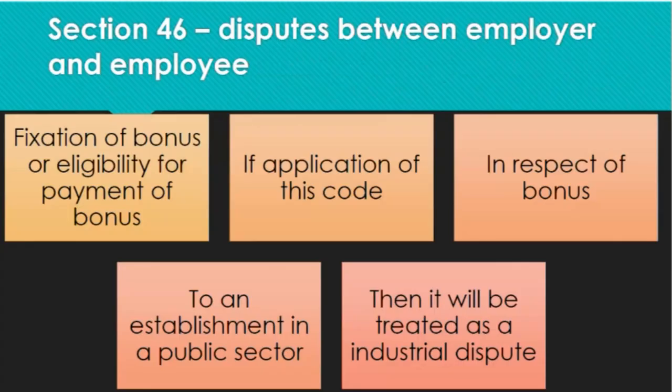For an establishment in the public sector, if they are competing with a private establishment and have a profit motive, then this particular code applies to a public sector. Okay, so in all these cases, it is an industrial dispute. All these disputes are considered to be an industrial dispute. That is why they are referred to the authority for settlement.